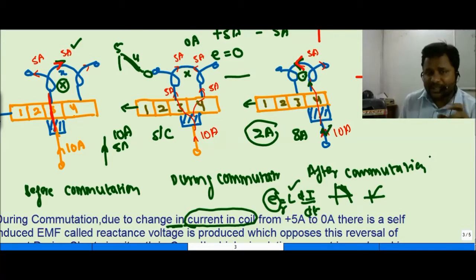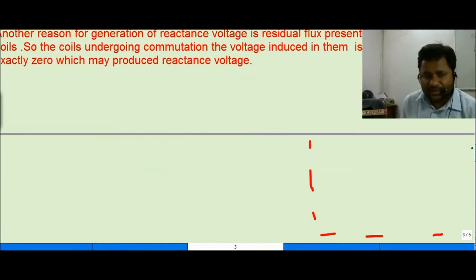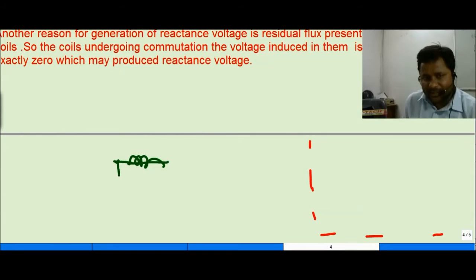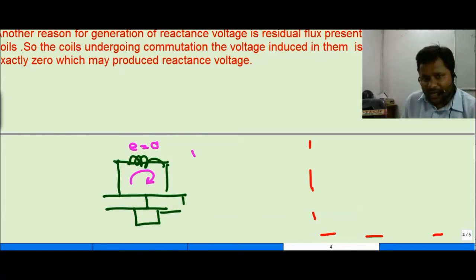If some current is already there, there is a short circuit path. This is the short circuit path in case 2. This is basically shorted by the commutator segments in this fashion. Practically, we want E to be 0, but there will be some current. So I equals ER over R, where the reactance voltage is generated because of this current reversal.